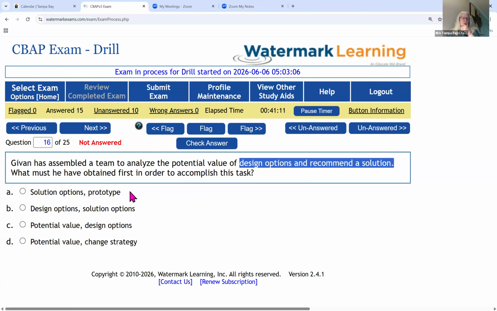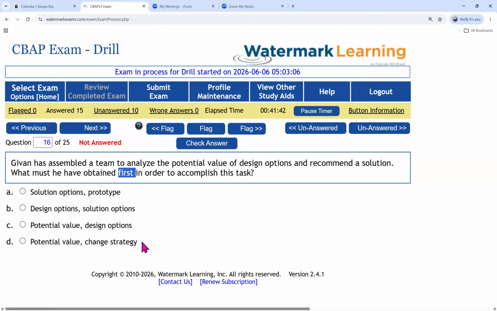Is it solution options and prototype, design options and solution options, potential value and design options, or potential value and change strategy? What are the inputs into this task, folks? The potential value and design options.